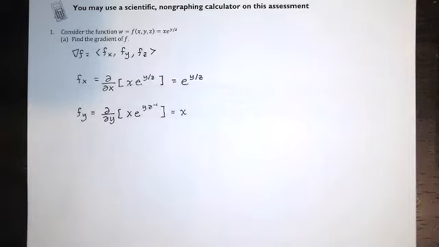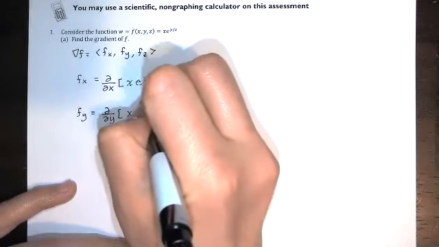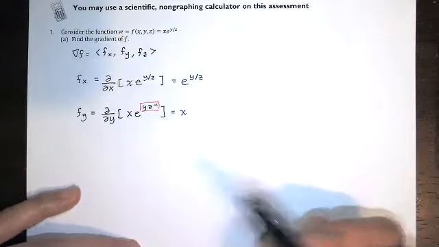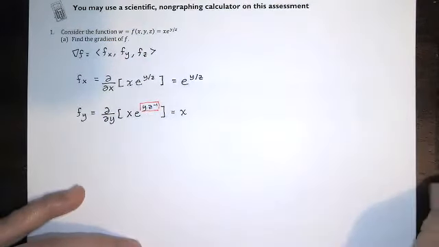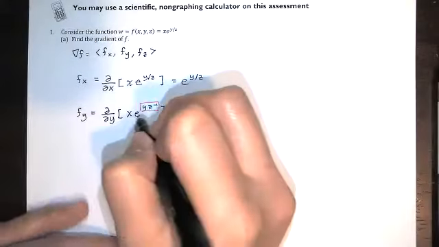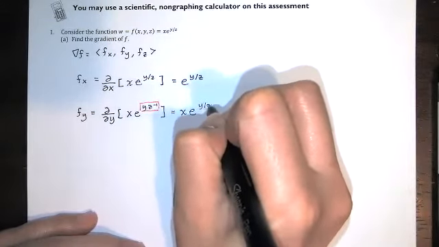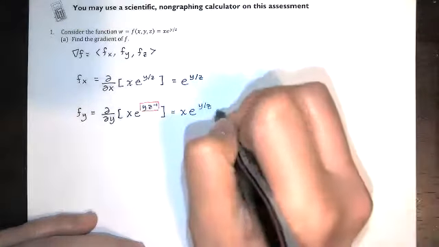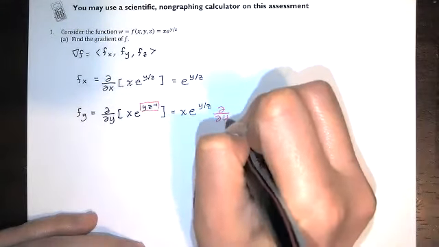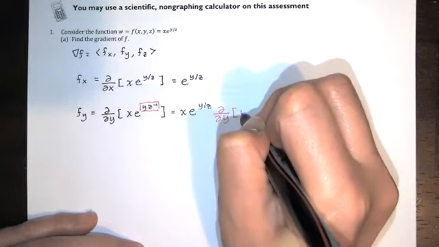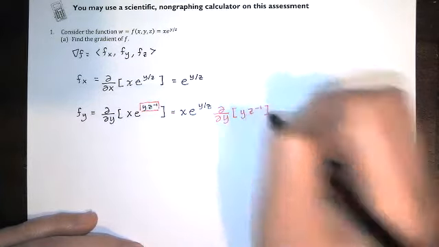Now, this function of y has a function nested inside another function, so it requires the chain rule when we take its derivative. Derivative of e to some power is e to that power times the derivative of the inside with respect to y, treating x and z as constants by the chain rule.